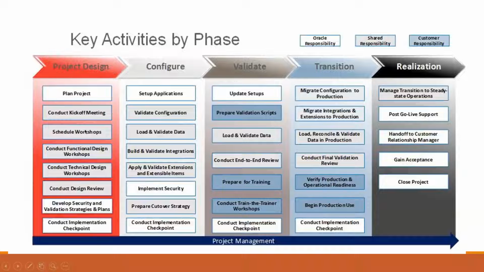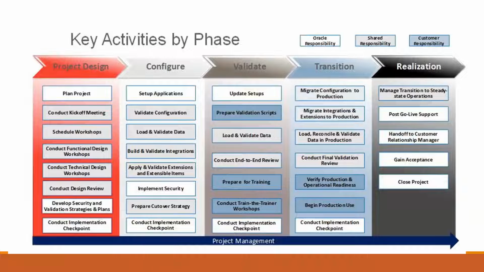Then we schedule the workshops. Why do we need to do this? This is the first time the client is seeing the Fusion product, so we need to capture the requirements. If I ask the client what document sequence they need, they may never have used that, or this may be the first time they are implementing an ERP system.